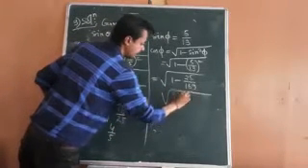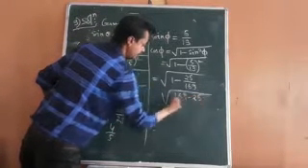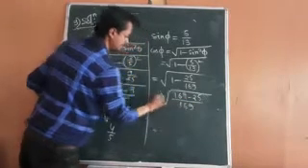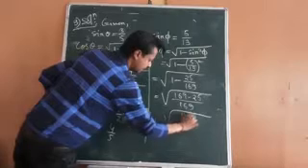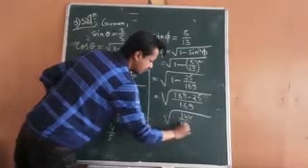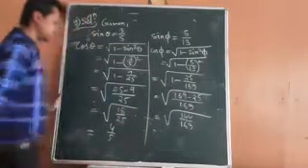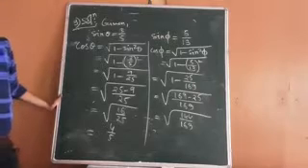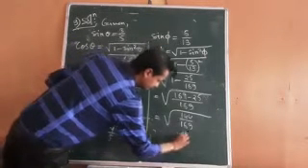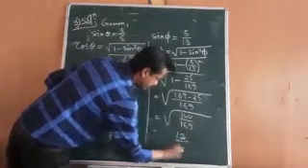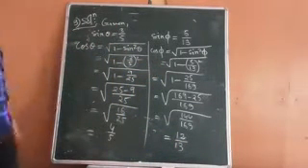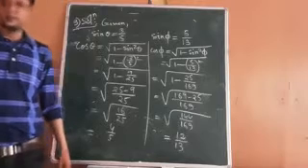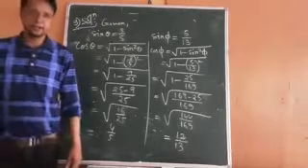So 169 minus 25 by 169. 169 minus 25 is 144 by 169. Square root of 144 is 12 and of 169 is 13. So cos phi value is 12 by 13.